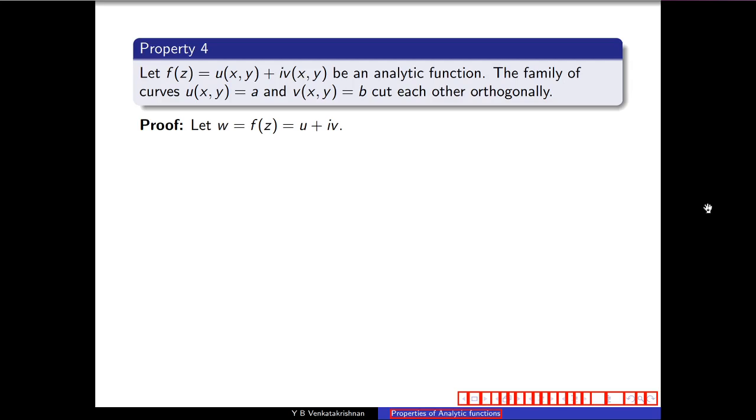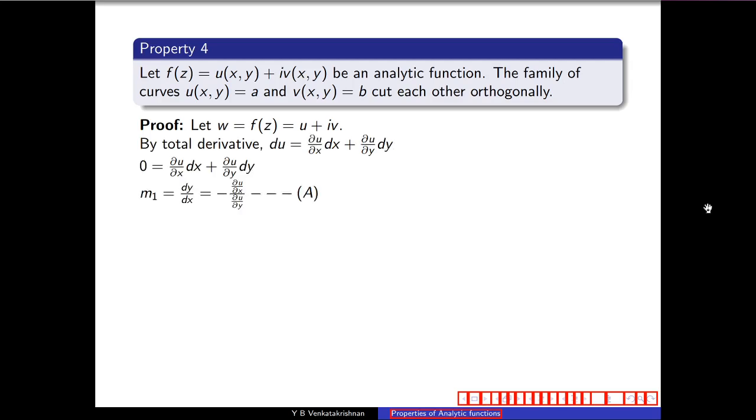So you know that when two curves cut orthogonally, the angle between them is 90 degrees, or in other words, the product of the slopes should be minus 1.